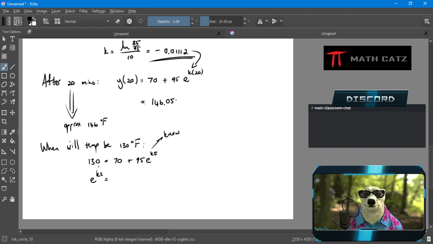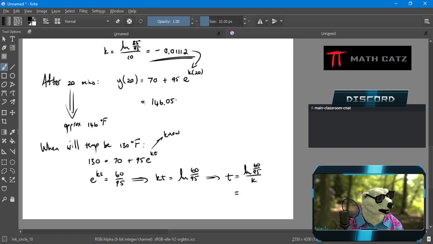We could say, well, 130 minus 70, that is 60. So 60 over 95. So kt will be natural log of 60 over 95. So t is what I'm trying to solve here. Log of 60 over 95 over k. Let's see what we get.